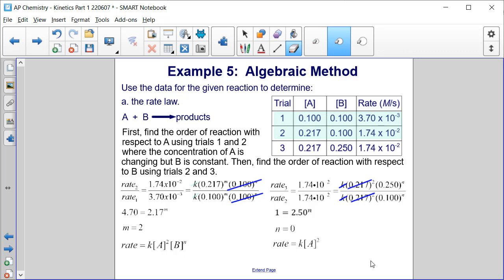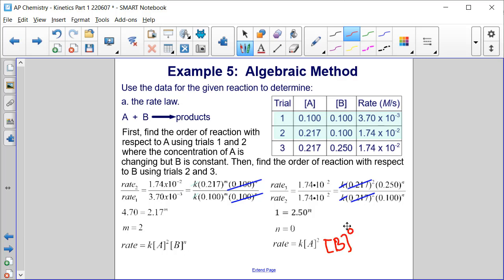Okay? And so our overall rate law is K times concentration of A to the second power. I'm just going to, for the sake of explanation, say concentration of B to the 0 power. But we just got done saying right here, any number raised to the 0 power is equal to 1.